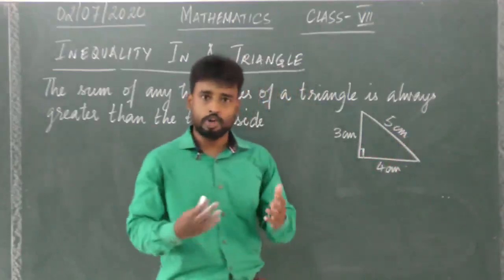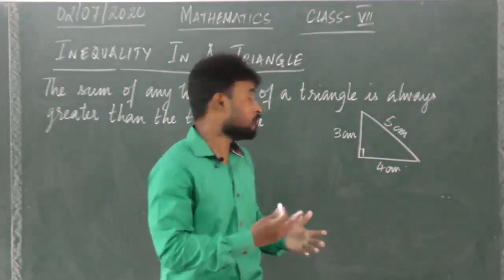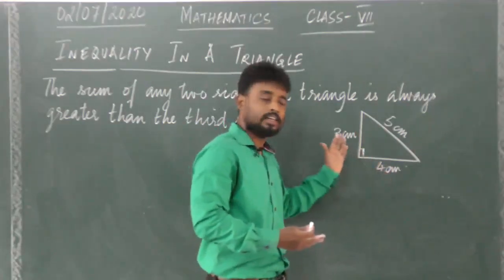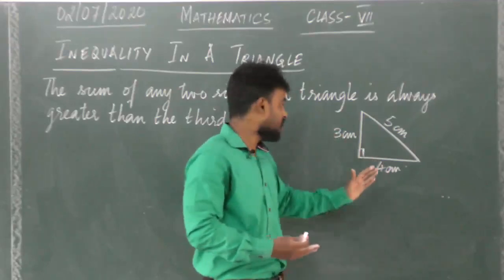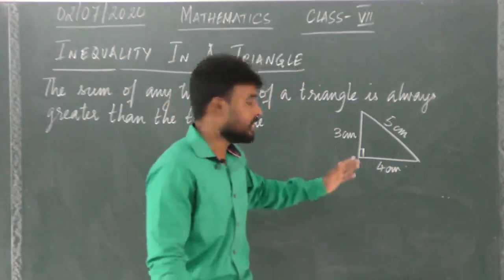You can even draw and find out, or if you come to Pythagorean triplet, you will find that if the base and the height are 3 and 4, the hypotenuse will be equal to 5 centimeter.